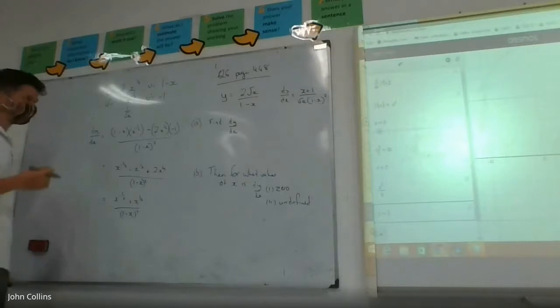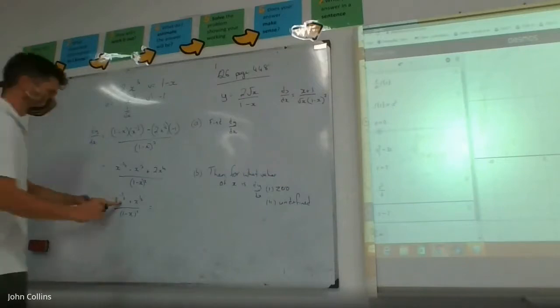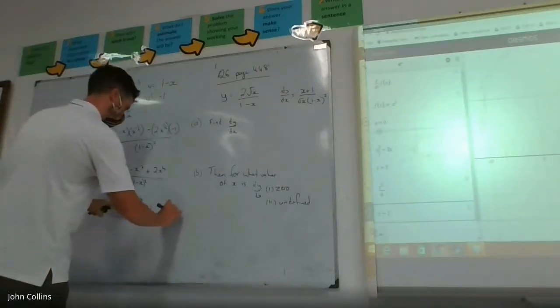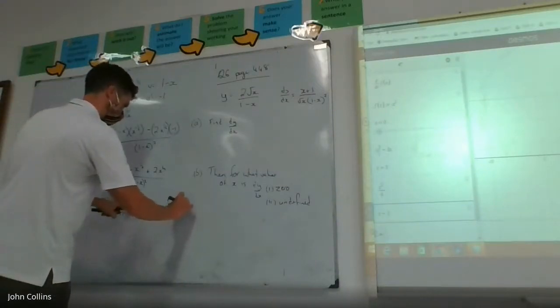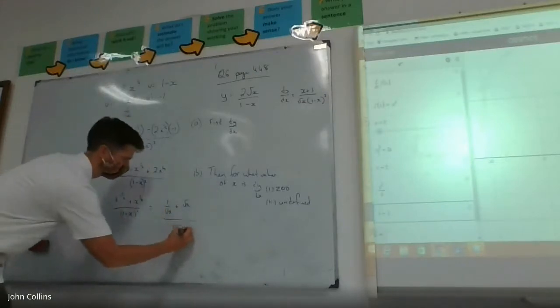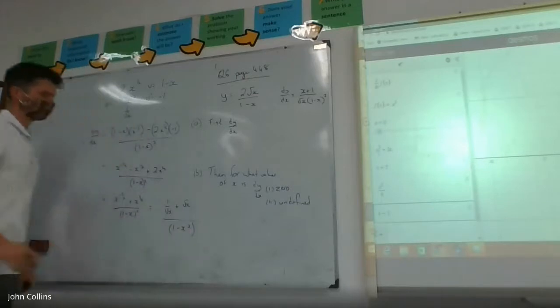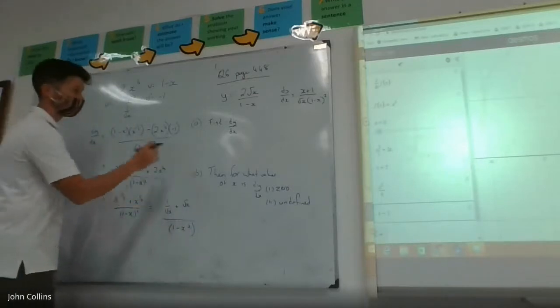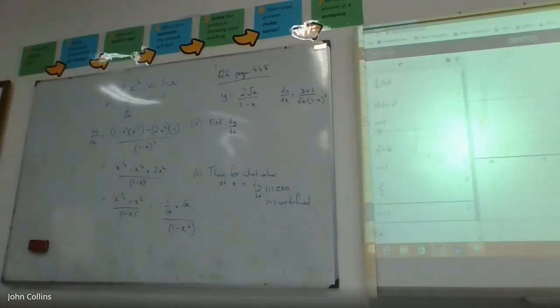Well, use a different rule. You should factorize. That's 1 over root x times 1 plus root x, all over the bottom. Now I want x plus 1 here, so we're going to have to divide it by root x as well.